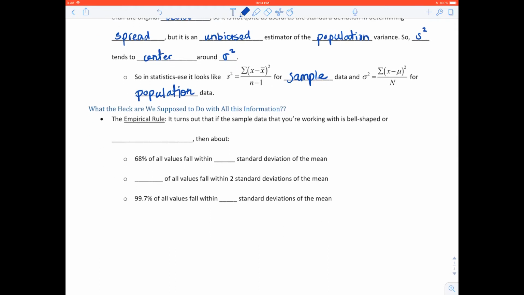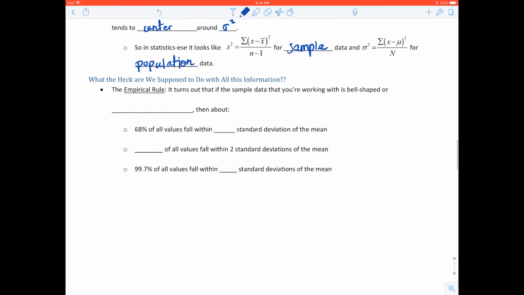Okay, well, what are we supposed to do with all this? The empirical rule is a useful way to look at things at this point in the game.